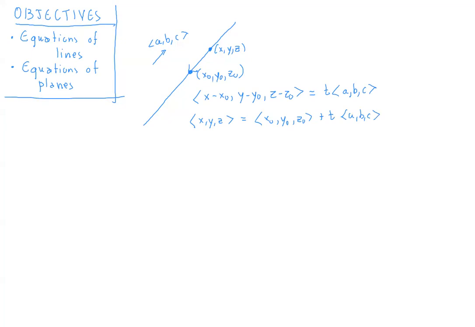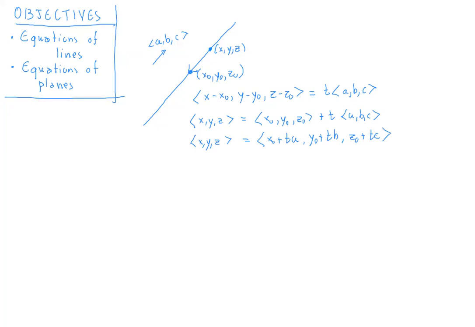Or, if we put everything together in one, x naught plus TA, y naught plus TB, and z naught plus t times C. We could write also AT, BT, CT.